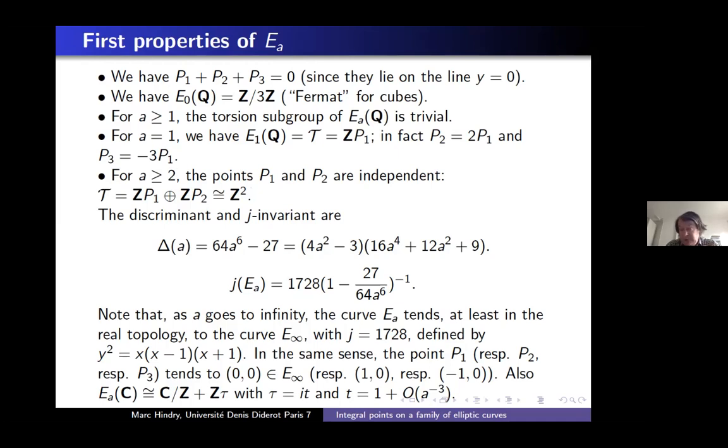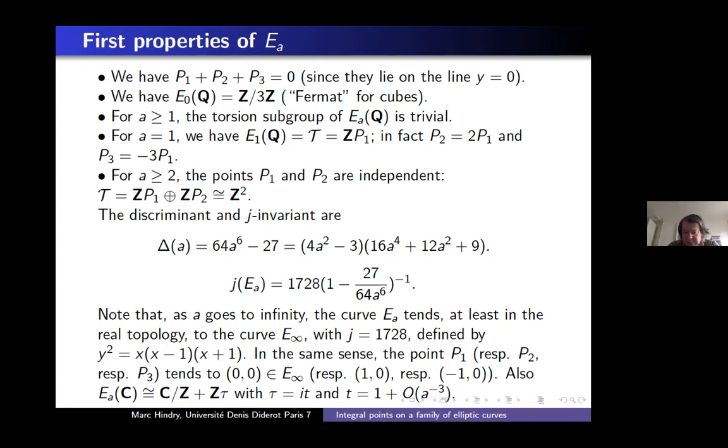In fact, the points P1 and P2 are independent. So we prove that the trivial subgroup, T for trivial, is a group of rank 2 generated by P1 and P2. So that's for rational points. Remember this group T because it will play an important role.